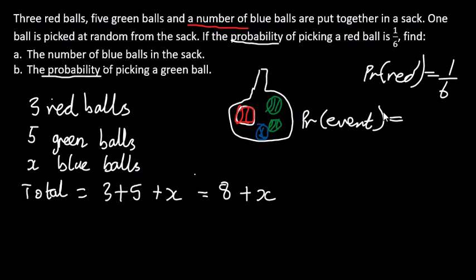So the probability of something occurring is the required outcome, what we want to make happen, for example picking a red ball, over the total outcome.